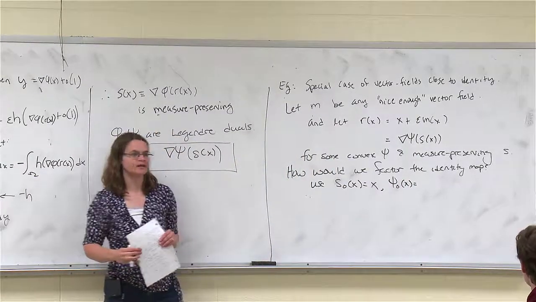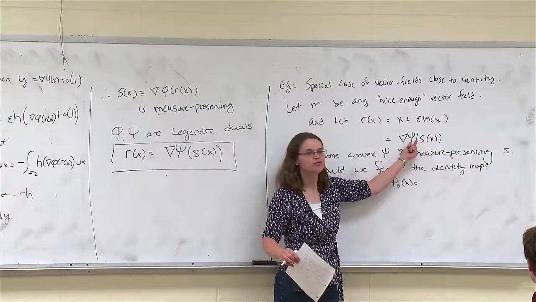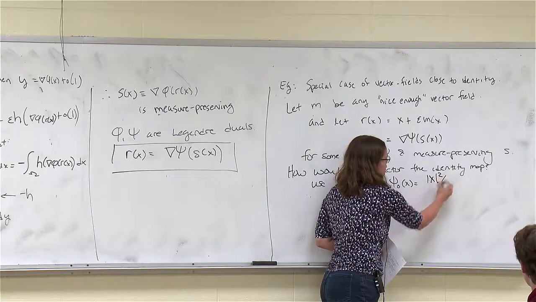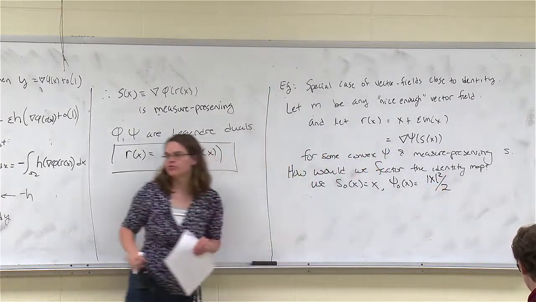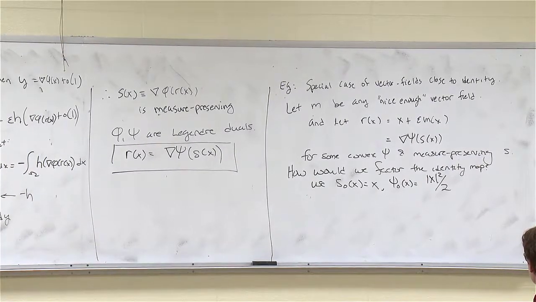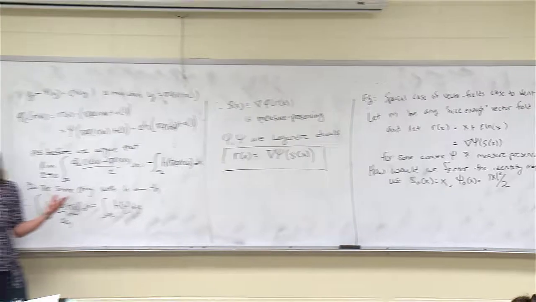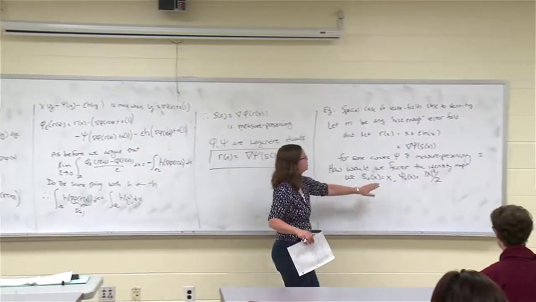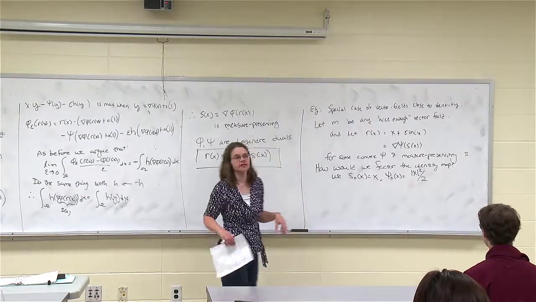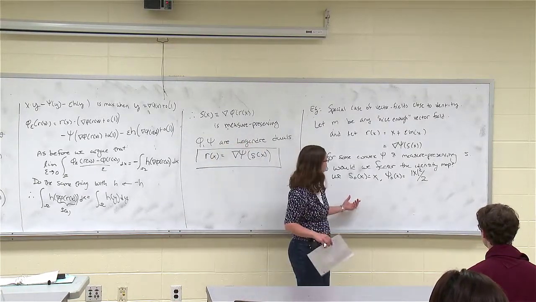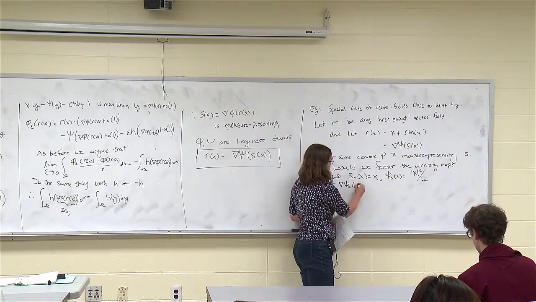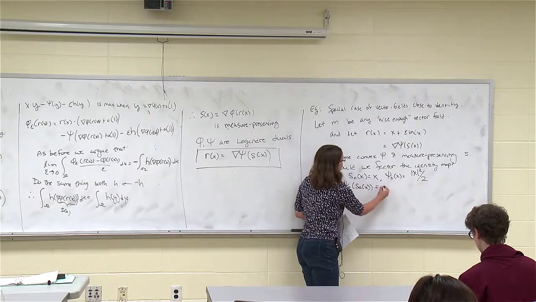It's quadratic, exactly. So I want a convex function here whose gradient gives me the identity. So we can do that using x squared over 2. Right? This is the very simplest factorization of anything that I could come up with. Simplest convex function you can think of, quadratic. Simplest measure preserving map you could think of, just the identity, the map that doesn't move anything. Okay? And indeed, we're going to have that grad C naught of S naught of x gives us back x.